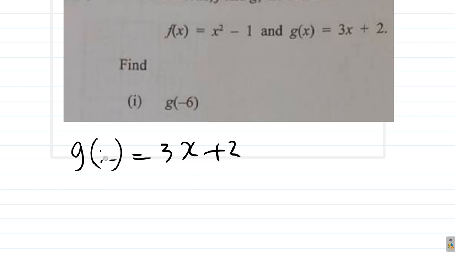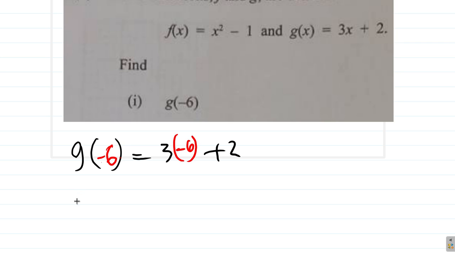Remember what it says, is g of x. You have x here, I have x here. But now it's g of negative 6. So it's no longer x. It's going to be negative 6. So you change the x to negative 6. See that?